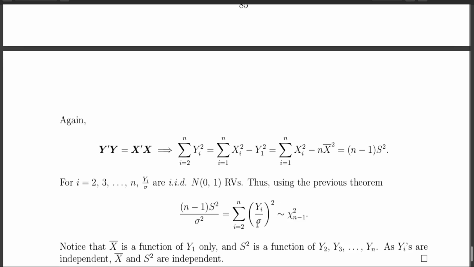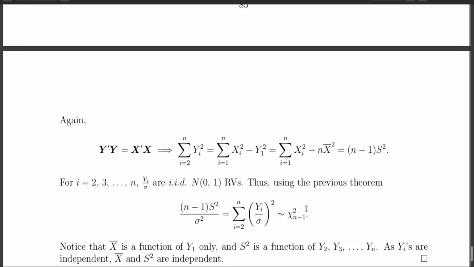So this summation will have a chi-square distribution. And how many random variables are there? The summation is from 2 to n, so there are n minus 1. That's why n minus 1 times s square divided by sigma square has a chi-square distribution with degrees of freedom n minus 1. So two things we have already shown: x bar has a normal distribution and n minus 1 times s square by sigma square has a chi-square distribution.